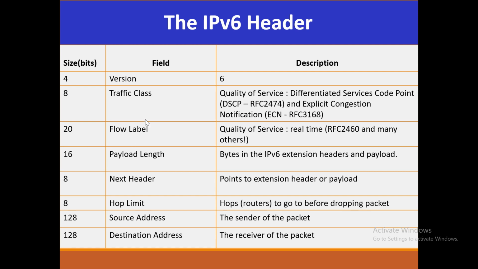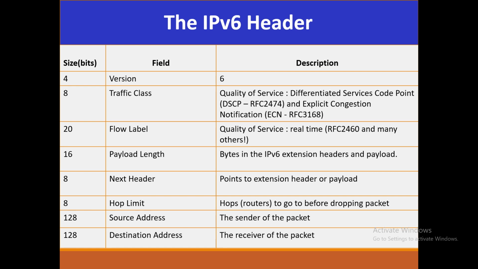But okay, so let's stop and take a look at what is in the IPv6 header. Of course, the first thing is the version, and that's 6. Then you have a field called traffic class. And oh my God, these two things, traffic class and flow label. If you think about as much talking that has been done, as many emails or crosstalk going back and forth, these two fields are as much about that as anything else.